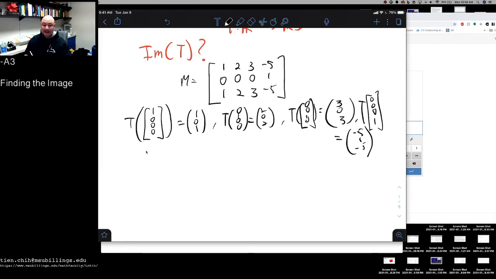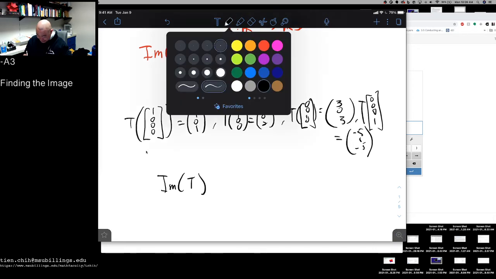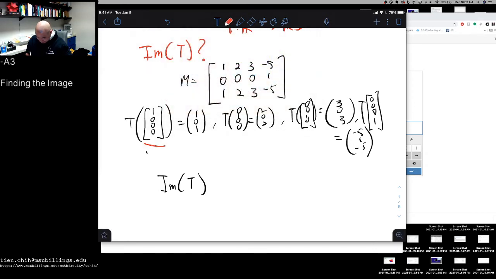So what this is telling us is that the image of T, right, the domain R4 is made up of all the different ways that you could take linear combinations of these four vectors, the four standard basis vectors. Every single four-dimensional vector looks like something like this.